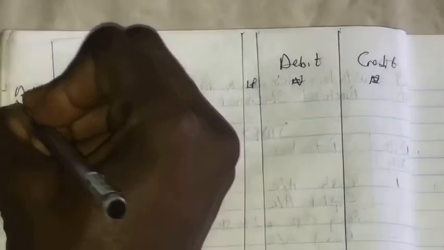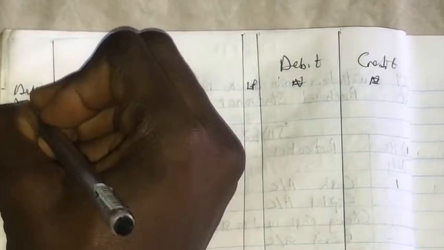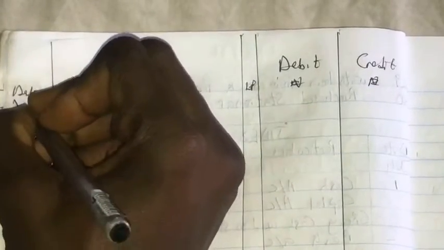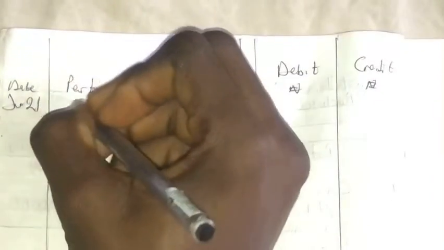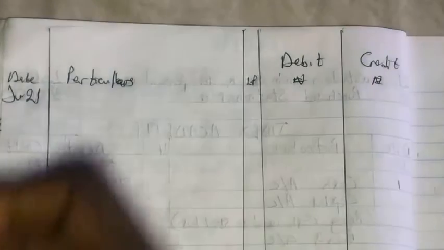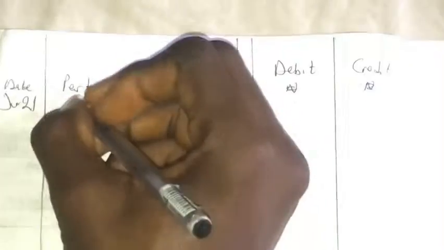The same date, July 21. Discount allowed for Victor.